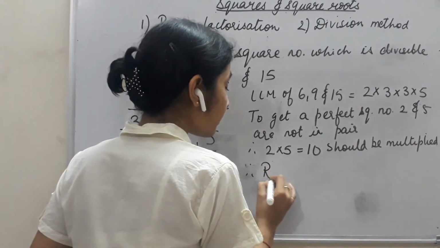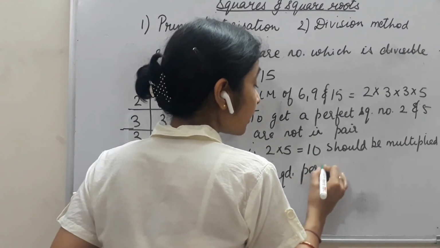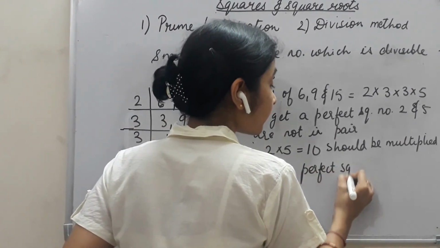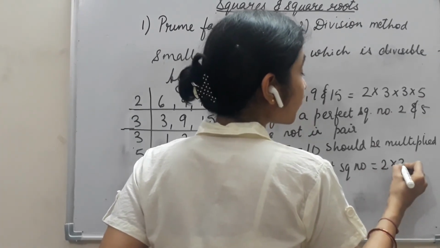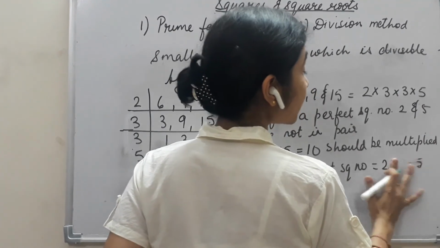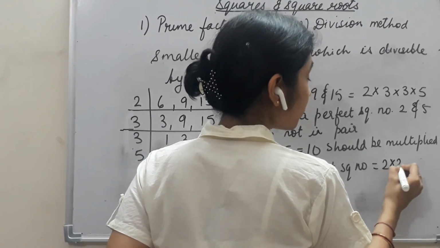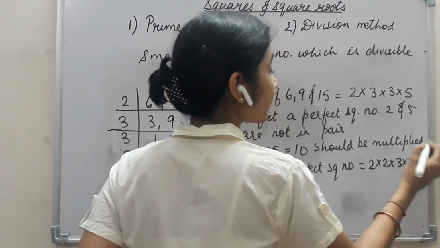Therefore, required number, that means required perfect square number, okay, perfect square number is equal to 2 into 2 into 3 into 3 into 5 into 5.